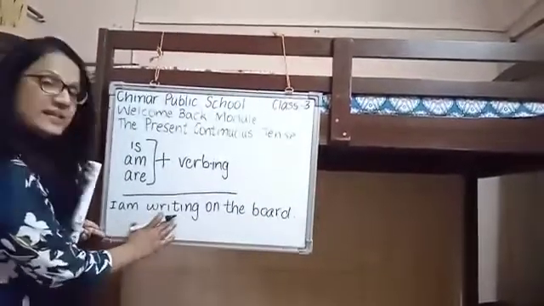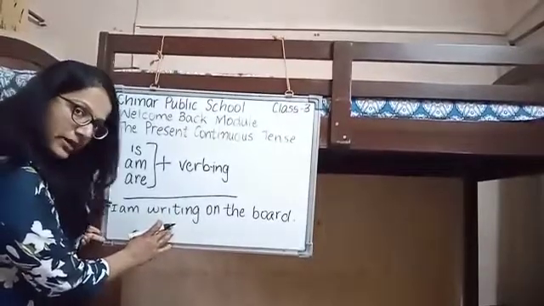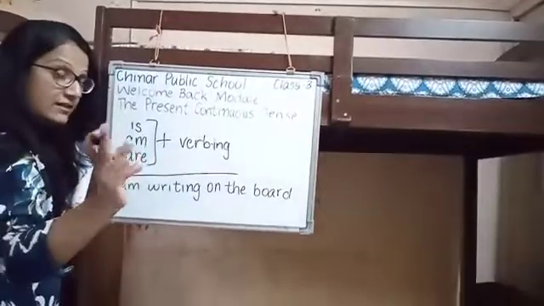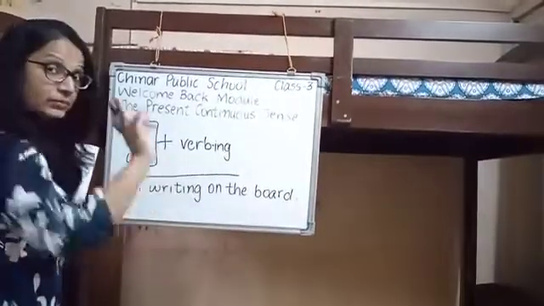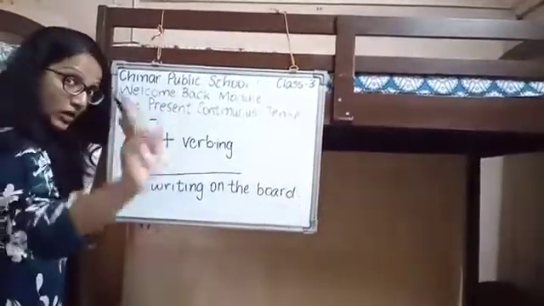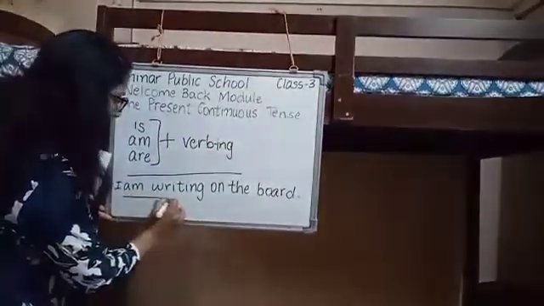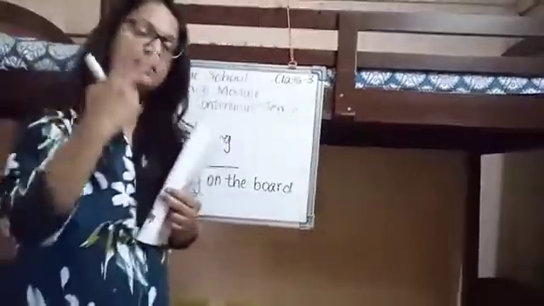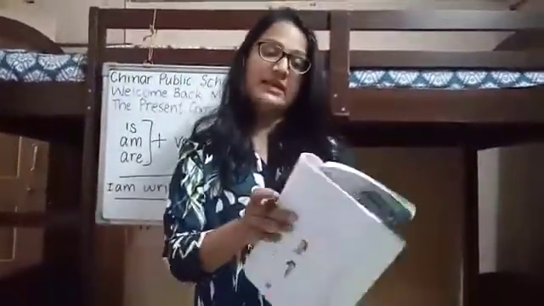So it is in present continuous tense form. And what is the verb in this sentence? We will not only underline writing. No, this will be wrong. We will underline am writing. Two words will be taken as verbs. So this is the case when we are asked to identify the verb in the present continuous tense.